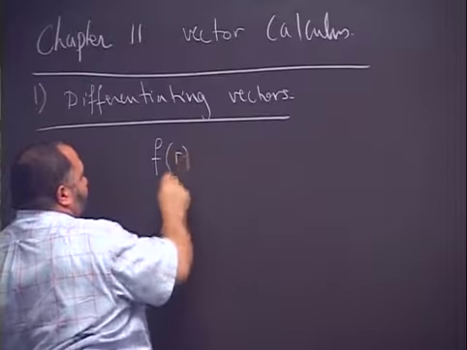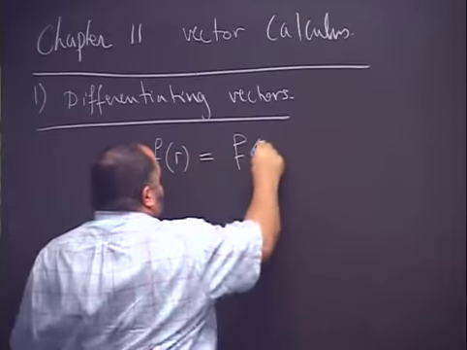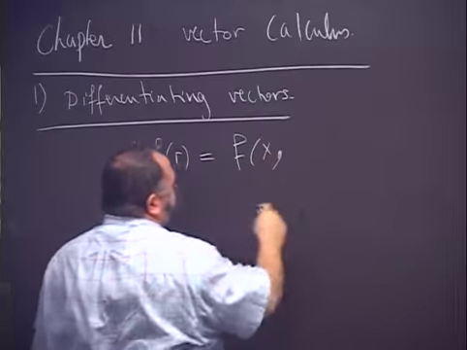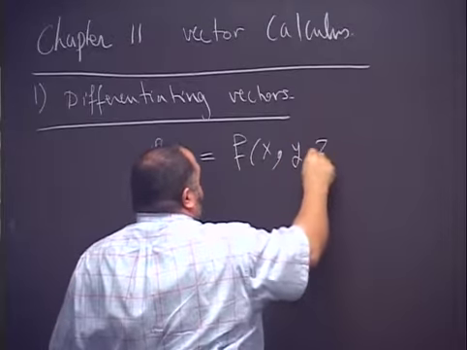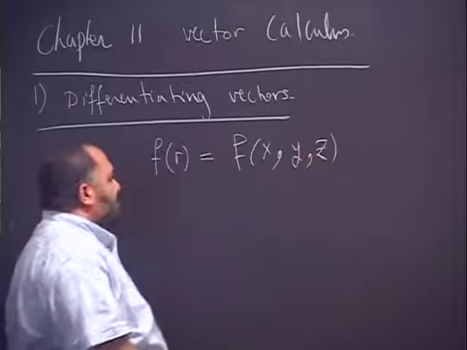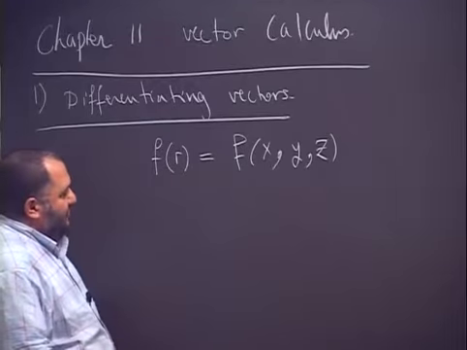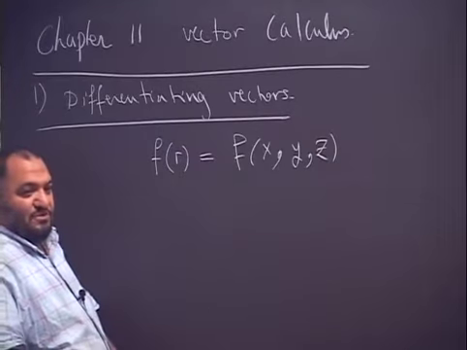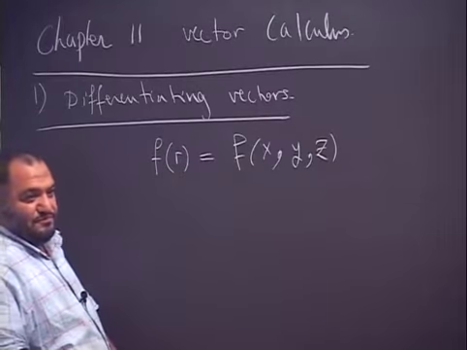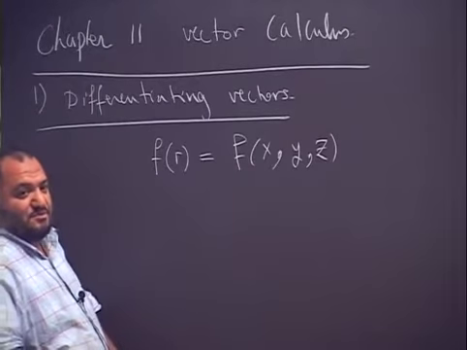A function f of r, if r is in three-dimensional geometry, will be a function of x, y, and z, where f is a scalar function and not a vector function. Can somebody give me a good example of a scalar function? Distance, yeah, speed.